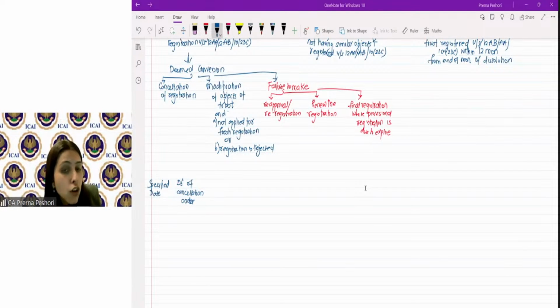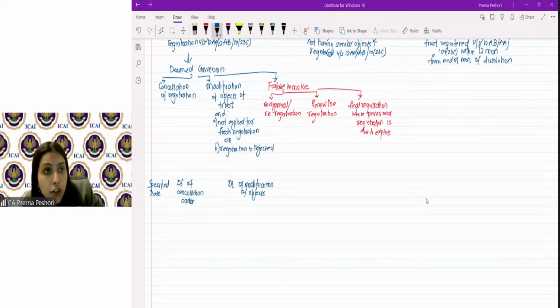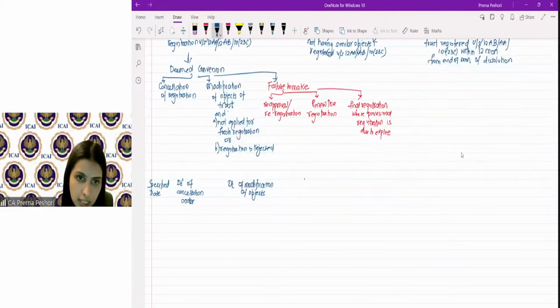Where the modification of the objects has taken place and fresh registration has not been applied, it is the date of modification of objects. And where there is a failure to renew the registration or obtain the final approval where the provisional approval is about to expire, it will be the last date of making the application.